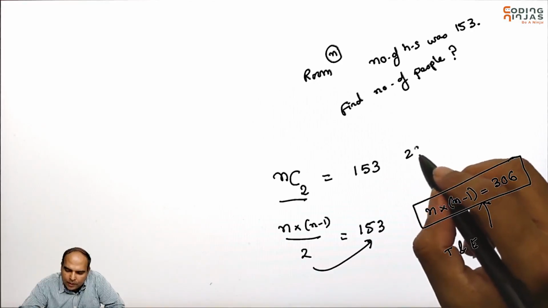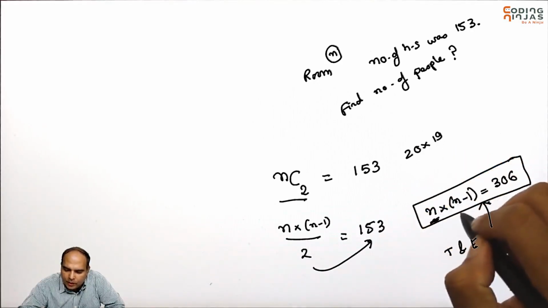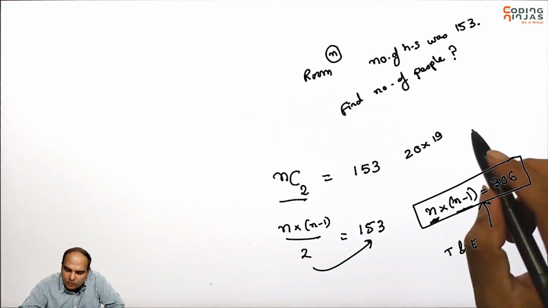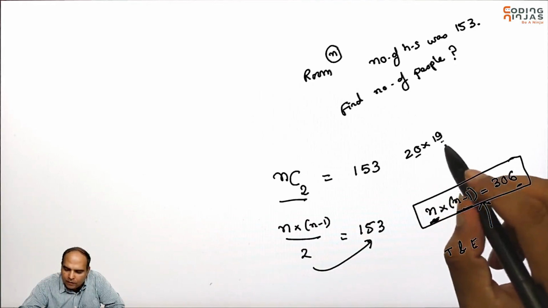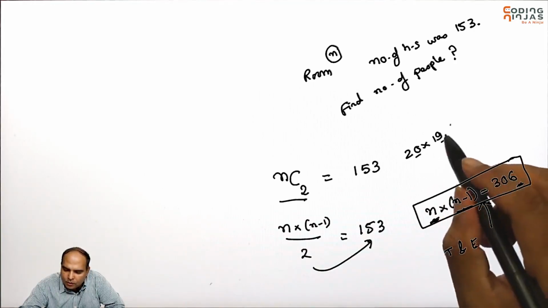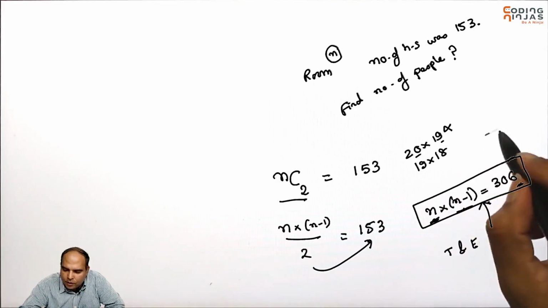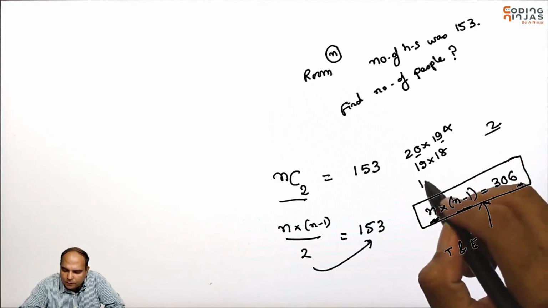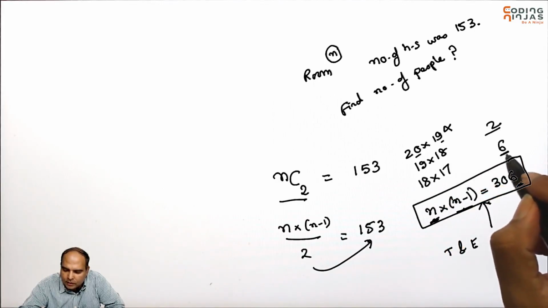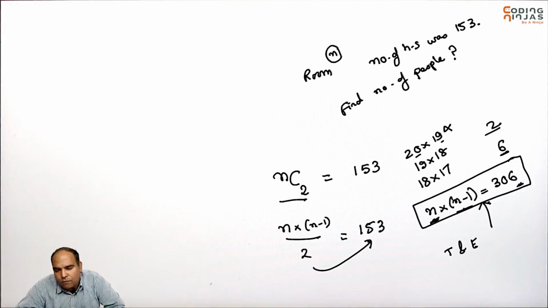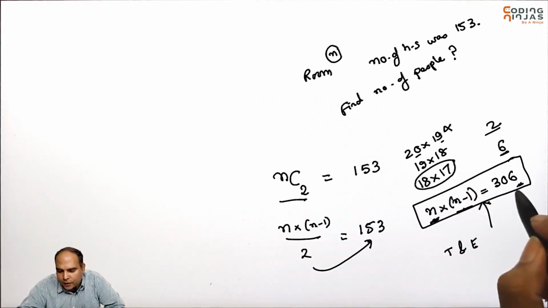So for example, 20 into 19, if I take n as 20 and n minus 1 as 19, does not match the unit digit of 6, because 0 into 9 will give me a unit digit of 0. So this can't be the value. 19 into 18 will give me a unit digit of 2, so this can't be the answer. If I use 18 into 17, I get a unit digit of 6, and in the relevant range of values, this is the only value that gives me a unit digit of 6.